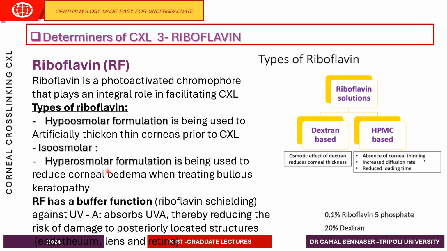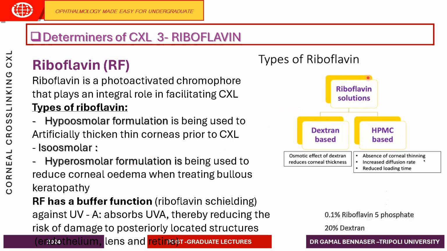Now, as you know, there is a wide range of applications of the riboflavin, and there are different regimens and different protocols, starting from the standard technique, which is the epithelial off explained by Theo Seiler or the Dresden protocol, to the transepithelial protocol, to the accelerated protocols, and then protocols for thin corneas and for thick corneas.